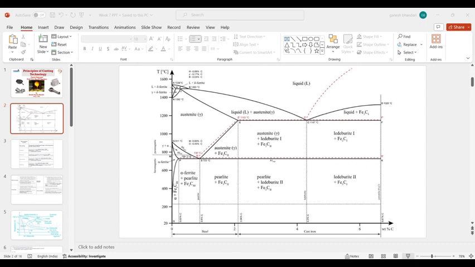So coming to the next one: the increase in the percentage of carbon in steel dash its tensile strength and its ductility. So if we are going to increase the carbon percentage of steel, what will happen to the tensile strength and ductility of that steel? You are saying that tensile strength will decrease and ductility will also decrease.